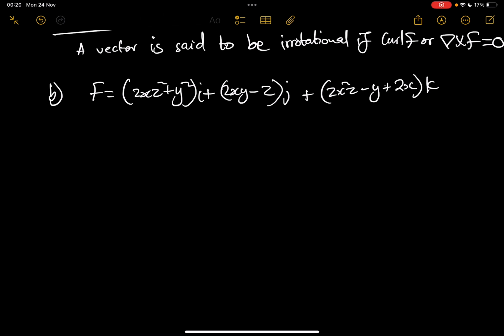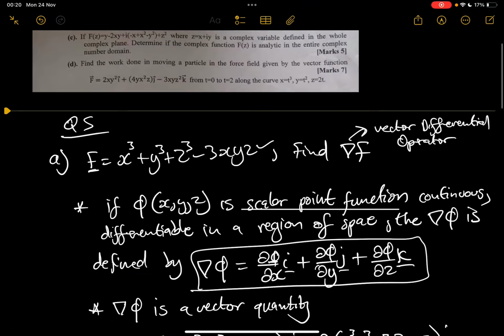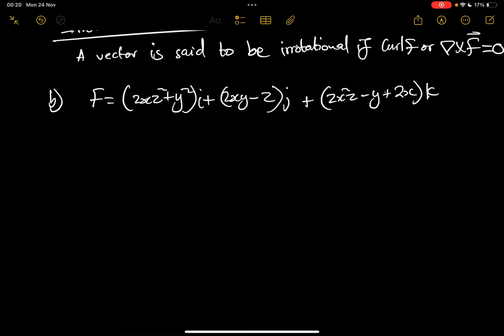So how do you go about doing this? This is simple. Here you just need to pay attention. So now we just go straight to the curl. This is the same thing as f1, f2, f3.